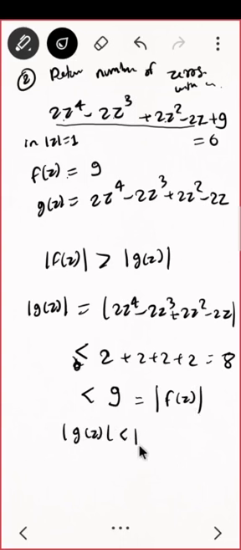So what do you say? By Rouche's theorem, can I say something? The number of zeros f has, the number of zeros f plus g will have. But how many zeros are there of the function f of z?